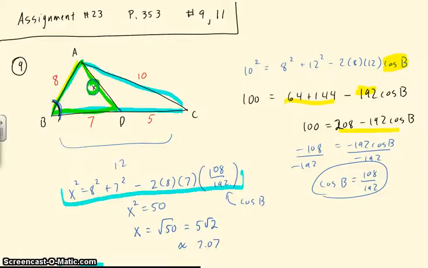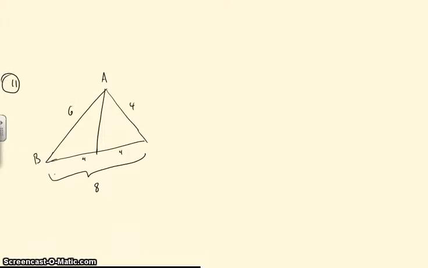If we move on to number 11, number 11 is very similar. It says, given triangle ABC, A is 8, B is 4 and C is 6.